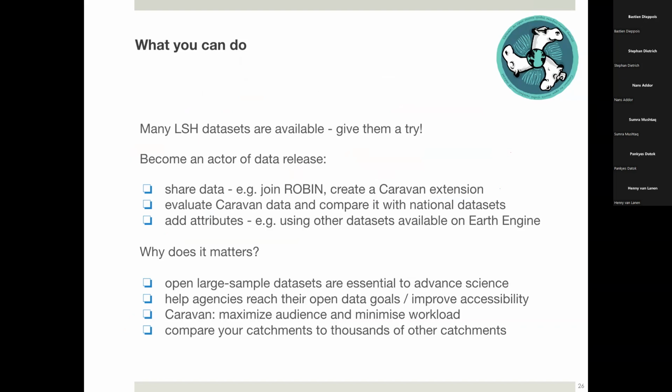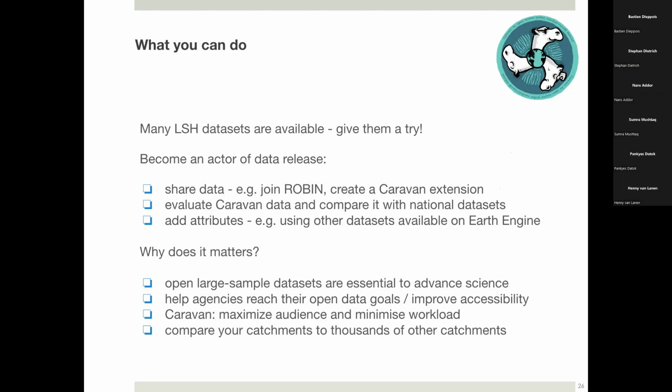You can evaluate the Caravan data and compare it with national data sets, because comparing global and national data sets will reveal how uncertain data are, and quantifying uncertainty is something we want to become better at in large sample hydrology.